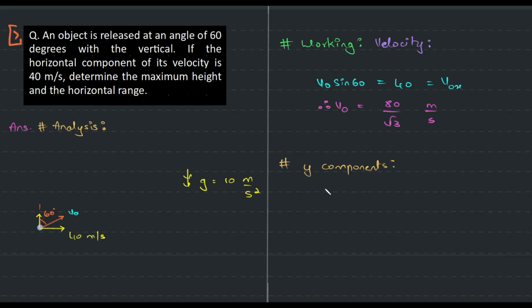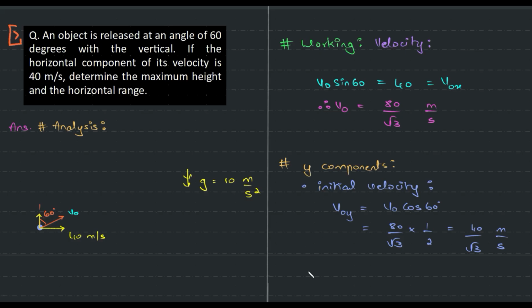The y component of the initial velocity would be v naught y, which is equal to v naught cos theta. So v naught cos 60 degrees. So 80 by root 3 into 1 by 2. So this is basically 40 by root 3 meters per second.